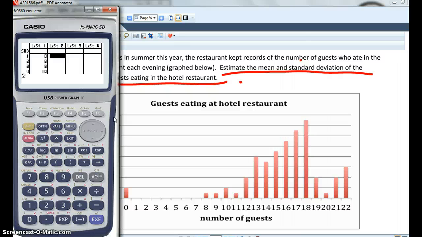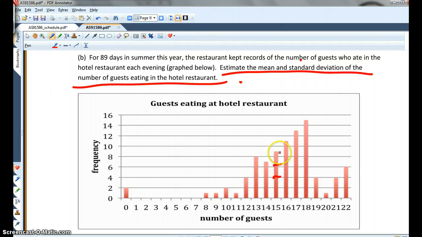It was 2. That's correct because it's going up in 2s. And for 8 was 1, 9 was 1, 10 was 2, 11 was 1, 12 is 4, 13 is 8, 14 is 7, 15 is 2, 4, 6, 8, 9, that's 9, that's 11, that's 13, that's 15, that's 4, that's 1, that's 4, and that's 6.